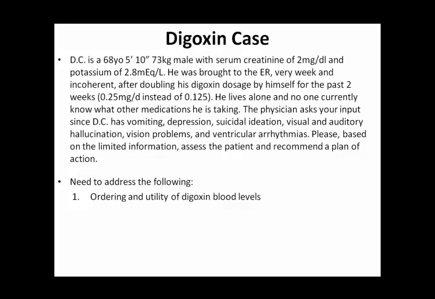Would you wait for the digoxin level to come back so you can decide on treating the patient with the antidote or not? You don't, because the decision to treat is really mostly based on the clinical situation, and the patient is having arrhythmia.